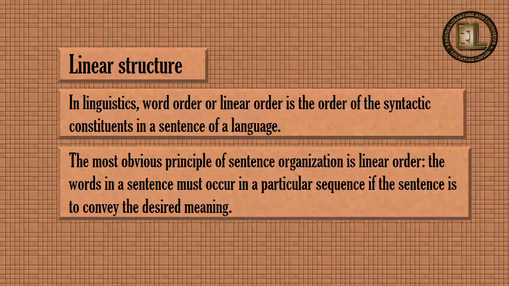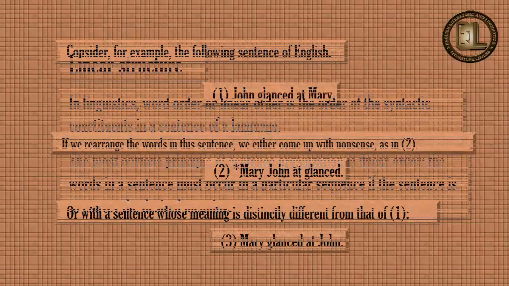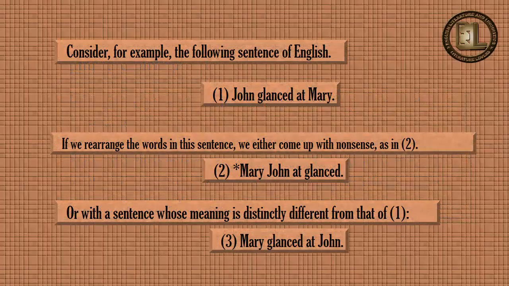Consider, for example, the following sentence of the English language. Number 1. John glanced at Mary. This order of constituents in this sentence is acceptable to the native speaker and it is meaningful.